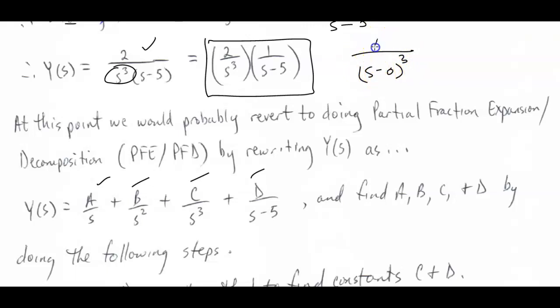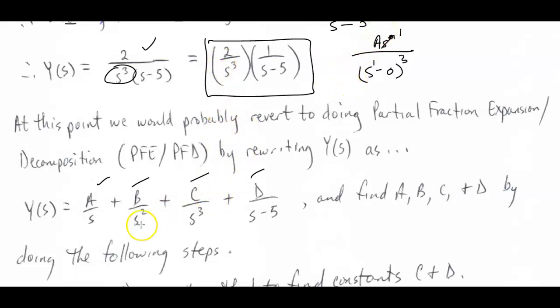So the constant that we have here has to be 1 order less. If this is of order 1, then this has to be of order 0, and anything raised to 0 is just 1. That's why we just leave it as a constant.